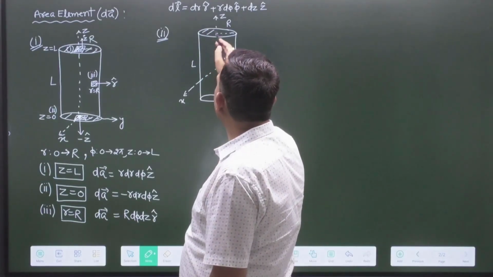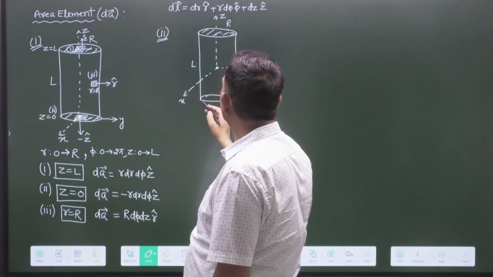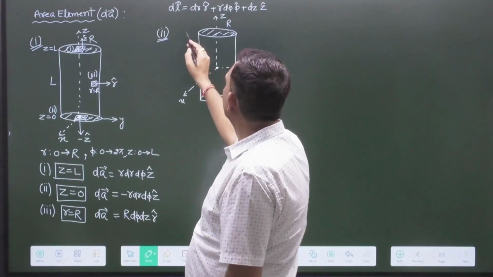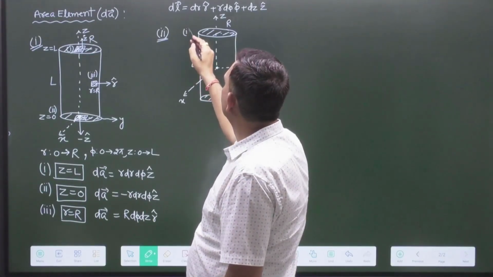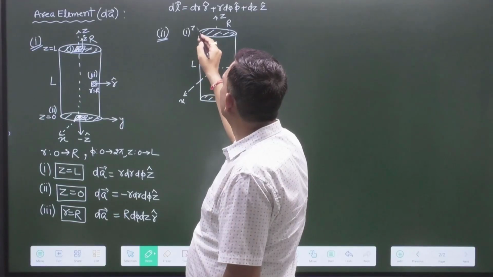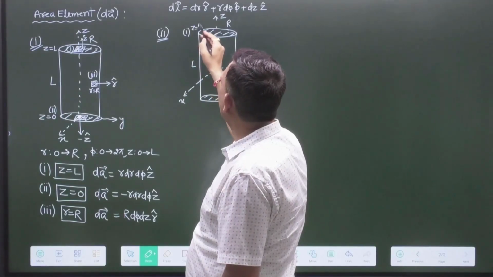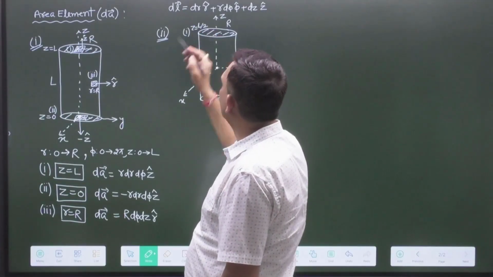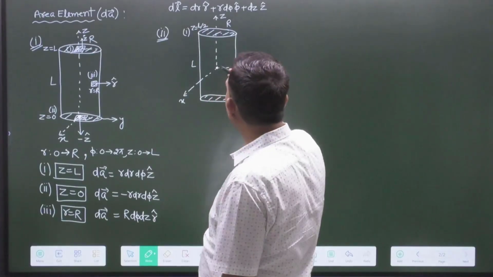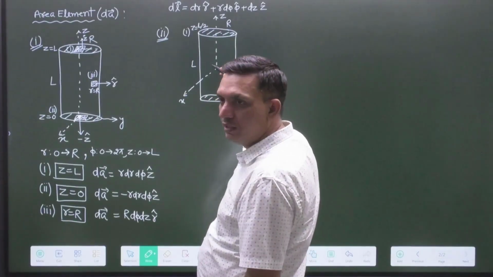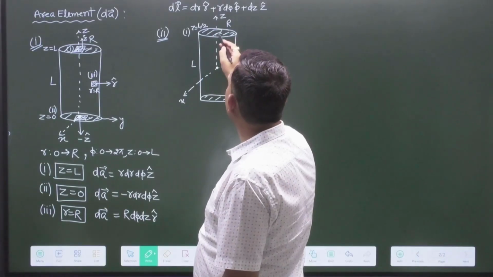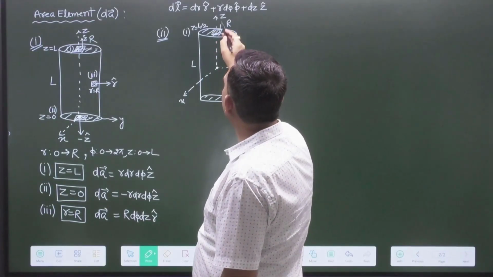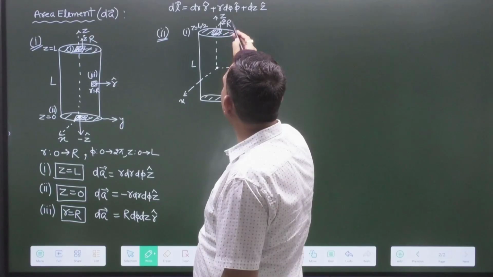Again, this is surrounded by three surfaces. Now surface 1 is z is equal to L by 2, with respect to the origin. Area element will be the same, direction is z cap.